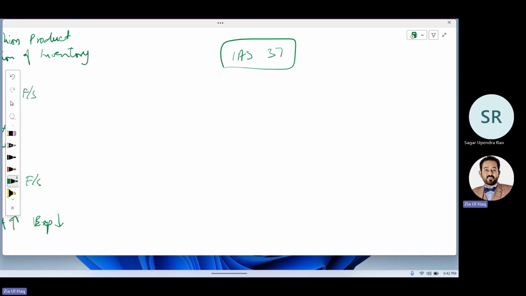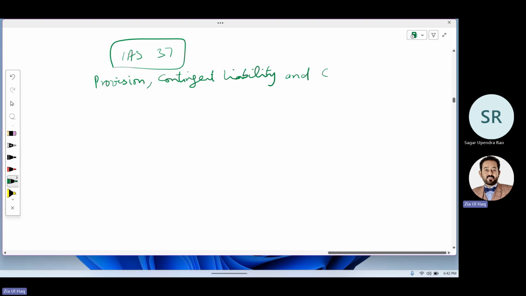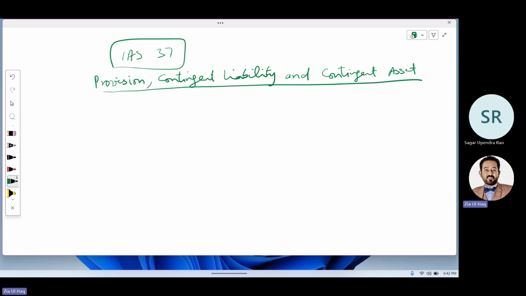IAS 37 name is Provisions, Contingent Liabilities, and Contingent Assets. Provision, contingent liability, and contingent asset.